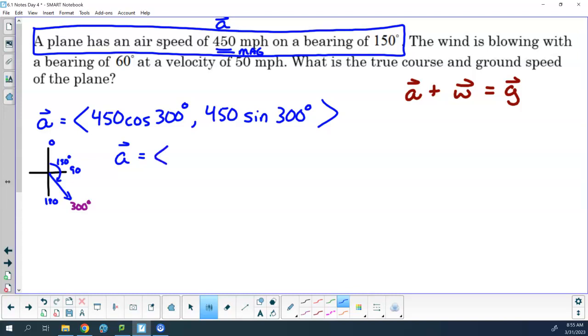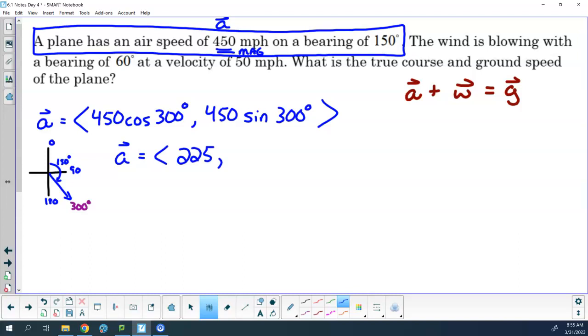One half. One half times 450 is 225. So this horizontal component of vector A is 225.